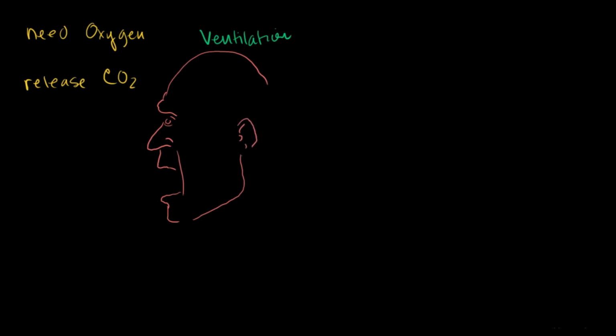That's his ear. Let's give him some hair. Maybe some sideburn. Anyway, a mustache. All of that is irrelevant, but this is our guy. This is the guy that's going to show us how we take air in and how we take air out of the body. So let's go inside of this guy.